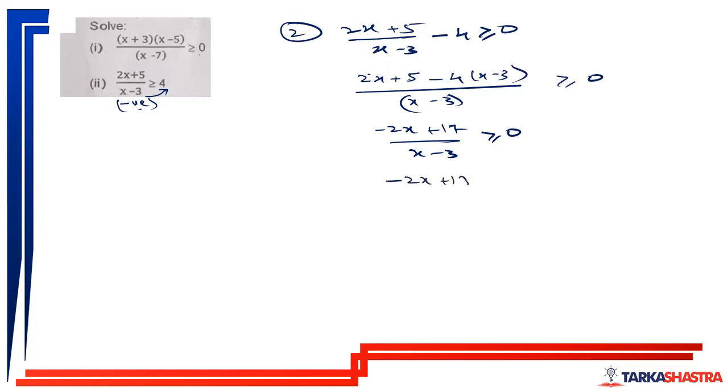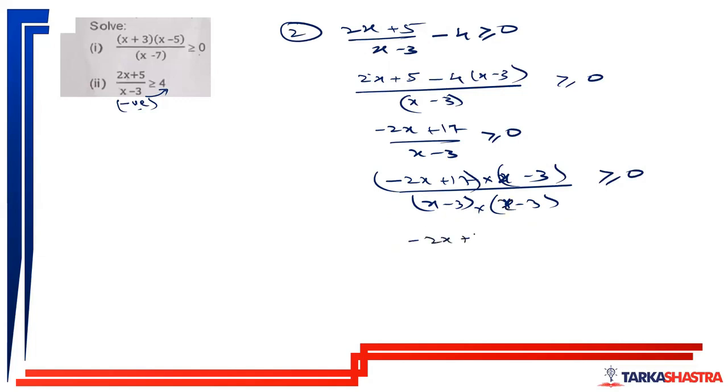Minus 2x plus 17 multiplied by x minus 3 upon x minus 3, multiplied by x minus 3, greater than or equal to 0. This I can do because I am doing this operation only on the left hand side, and I am multiplying and dividing by a certain value.